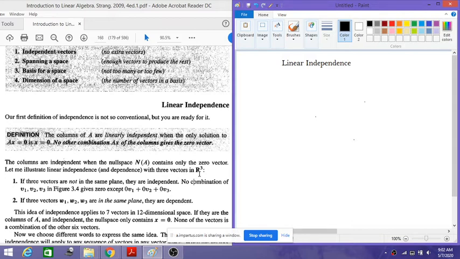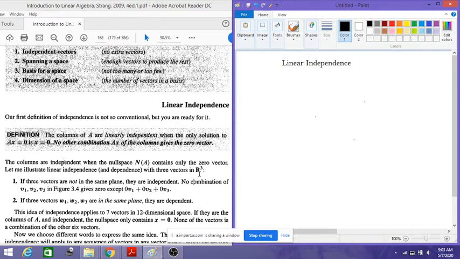Because it will define, in the next subsection, the basis. A basis forms the basics of the vectors so that we can span the other vectors, or span the entire space. To find that basis, we need to identify which are the independent columns.